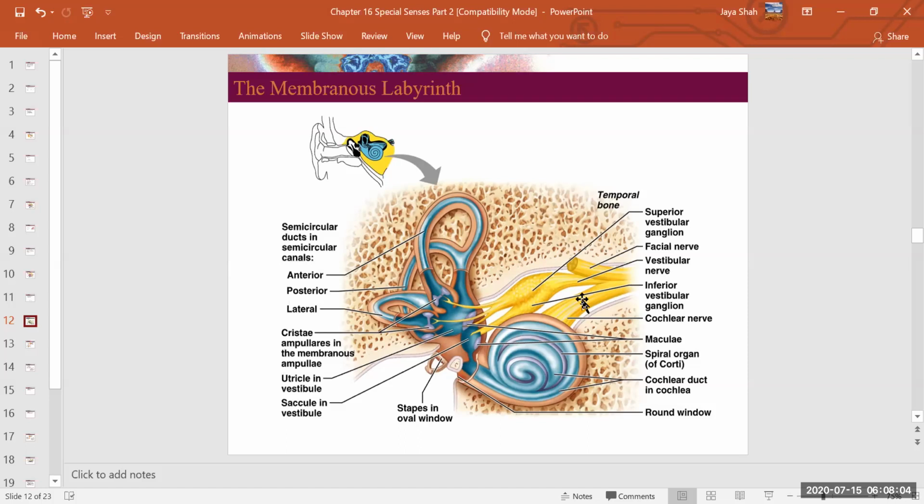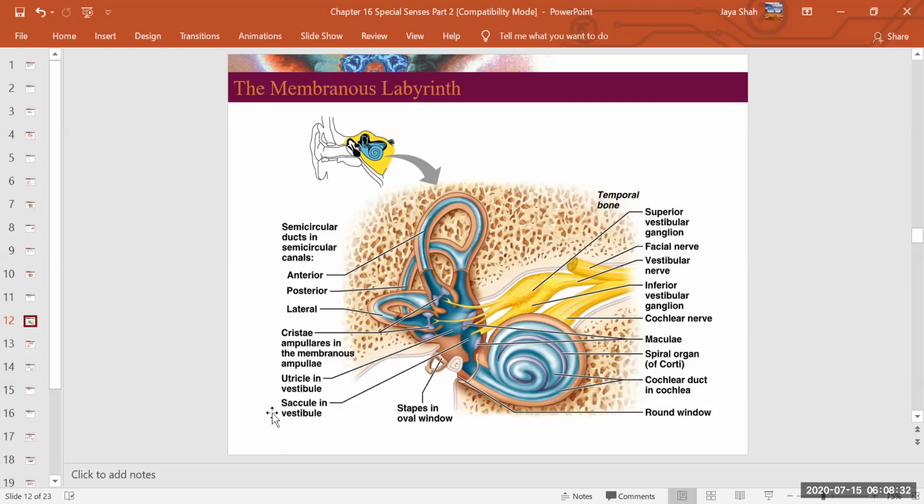The vestibular nerve and the cochlear nerve combine and become the vestibulocochlear nerve. And this is the stapes in the oval window, so when your tympanic membrane moves, it moves the stapes, which moves the fluid inside, and it moves everything. It moves the fluid here, and when you move your head, it moves the fluid here.